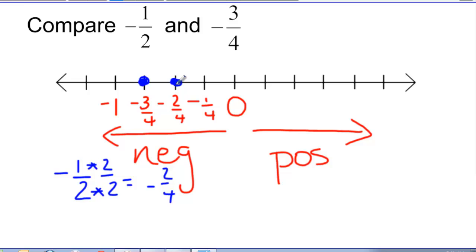So I could write a statement here, which I could say that -1/2 is larger than -3/4. So I could use the greater than symbol to show the comparison there that -1/2 is greater than -3/4.